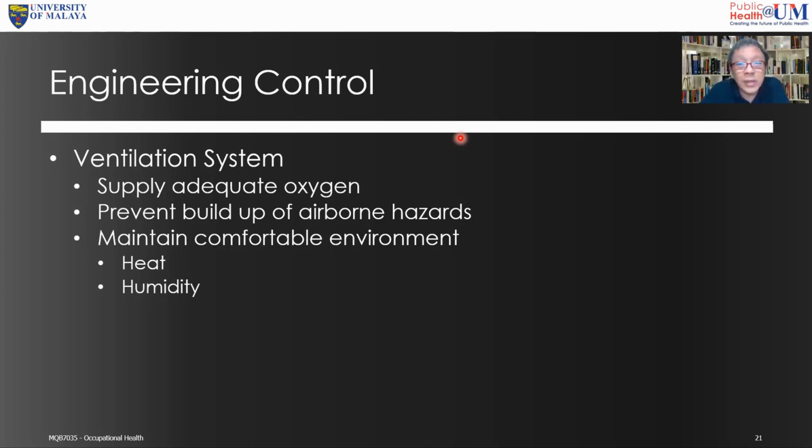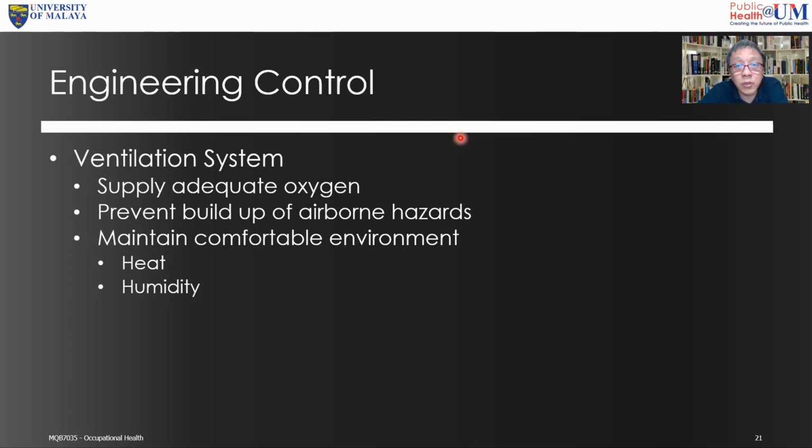So what is the use of ventilation system? The first thing is the supply of adequate oxygen, because we need oxygen to function. If we have a lack of oxygen, even before we succumb to it, it reduces the functionality of our work. So the supply of oxygen is important so that we can function properly.